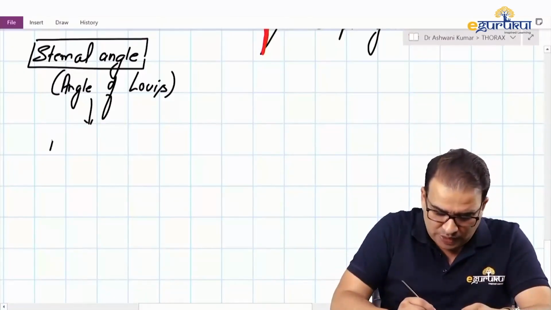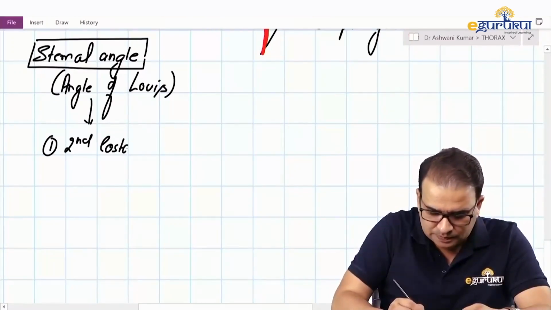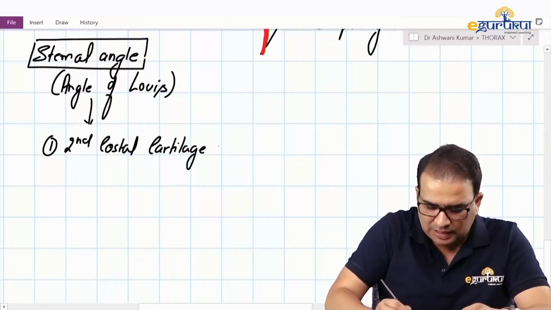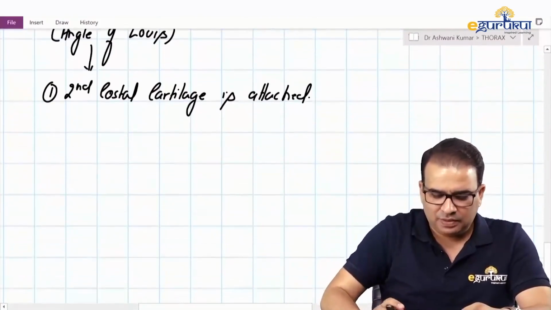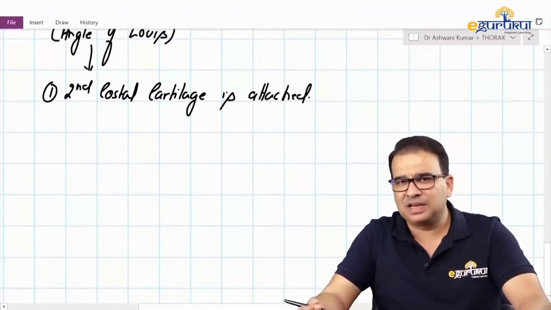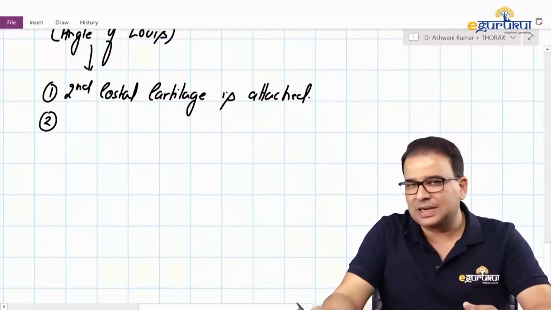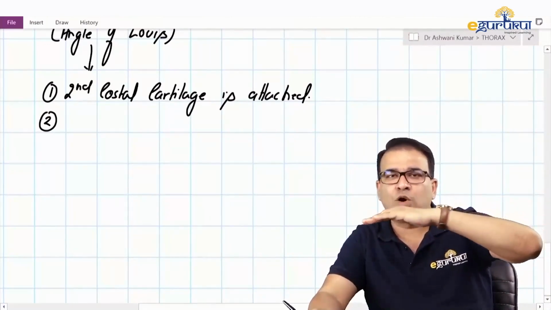So this is the point where the second costal cartilage is attached. It's clinically very important to know that point, the level of the second rib or the second costal cartilage attachment. What other important things will you notice at the sternal angle? When you talk about the sternal angle, we are talking about the lower border of T4.